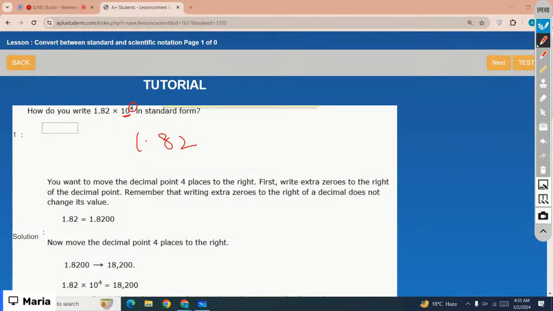You already have 2 places, so you need 2 more. That would be 18,200. Because the exponent of 10 is 4, you move the decimal point 4 places, so that is 18200.